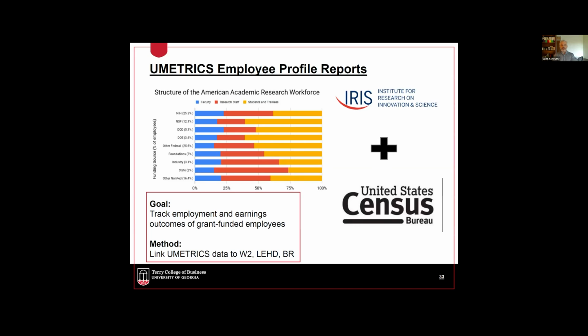So IRIS is receiving data from different university partners that provide information on individuals that were funded through grants and vendors that were supported with grant funding. And the partnership links data on the outcomes for individuals that come from W-2 records, information in the LEHD program, and in the business register.